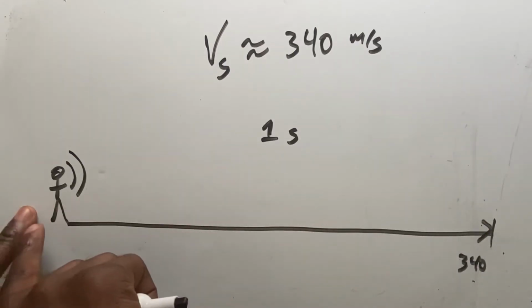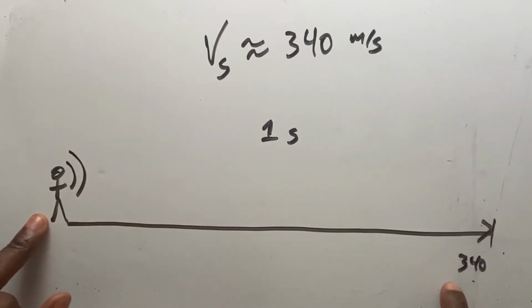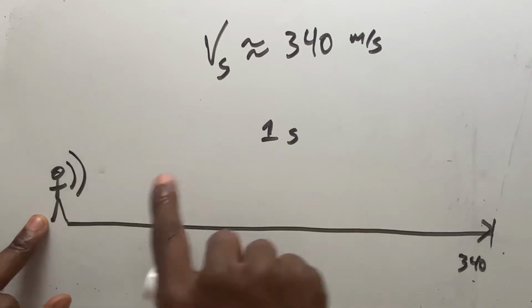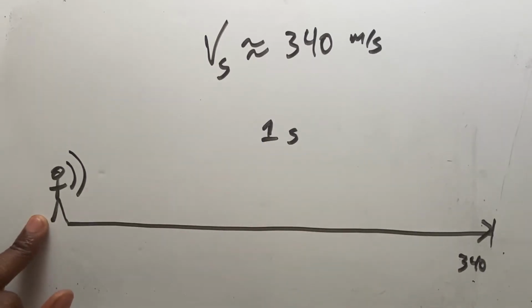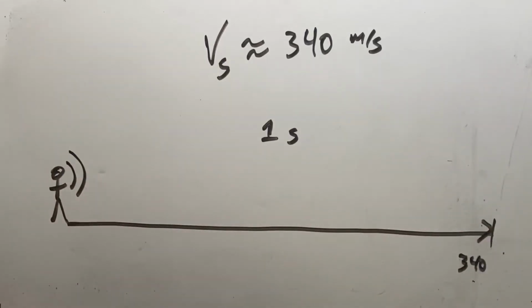The second that you start to talk, your voice has already traveled 340 meters. So that's pretty fast. That's basically how fast your voice travels throughout the air.